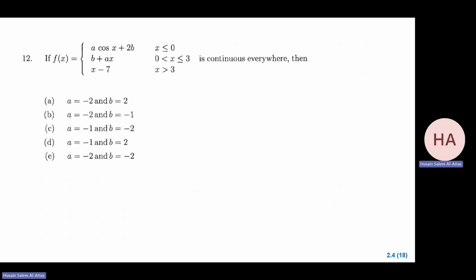If it is continuous everywhere, what will happen? Yeah, the same thing. What is a and b? The same idea. These are always continuous functions, so you have no problem. You just need to check when the function changes, x equals 0 and x equals 3. I need the limit. Yeah, the same idea is repeated, but for different functions.